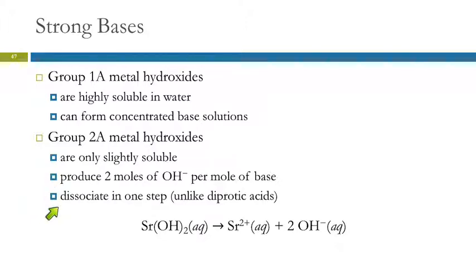And unlike a diprotic acid, which dissociates and gives off 1 proton at a time in separate steps, these give up all their hydroxides at the same time. So strontium hydroxide will dissociate into strontium ions and 2 hydroxide ions. But they're only slightly soluble, so you can't make really concentrated strong solutions out of these group 2A metal hydroxides.